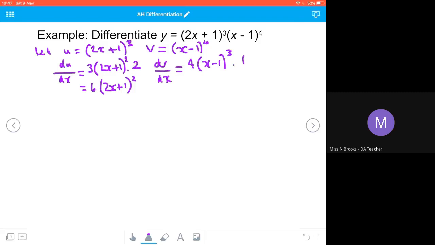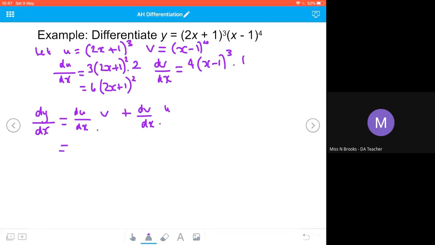So dy by dx is going to be the derivative of my first function, du by dx, multiplied by the second function, added on to the derivative of my second function, multiplied by my first function. And now we need to substitute in.